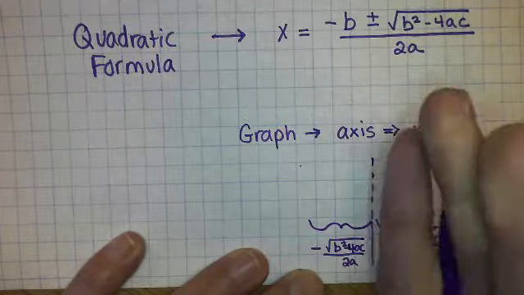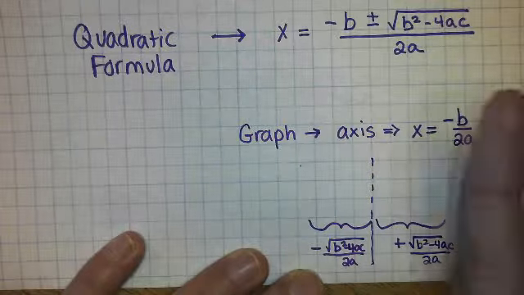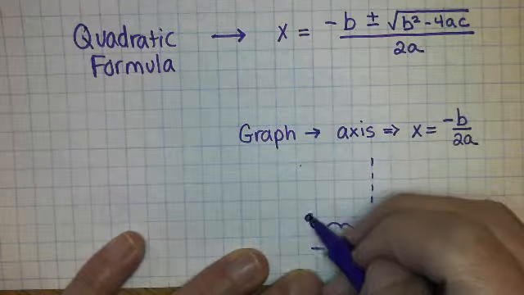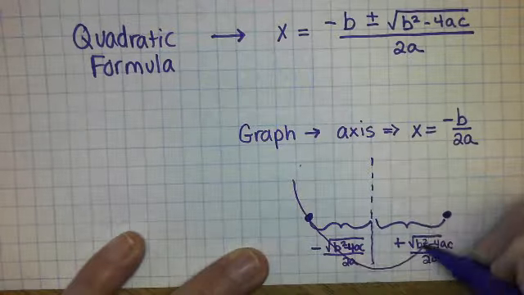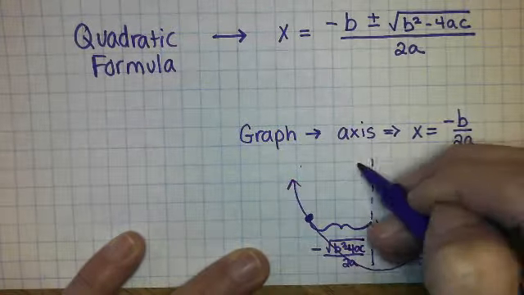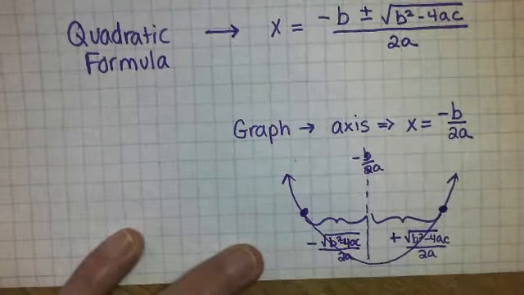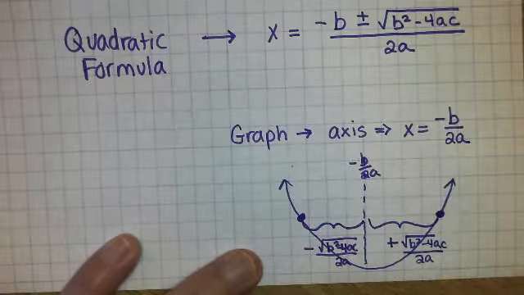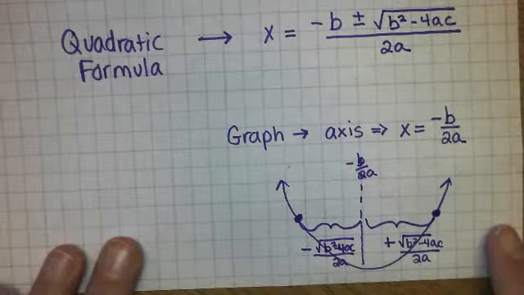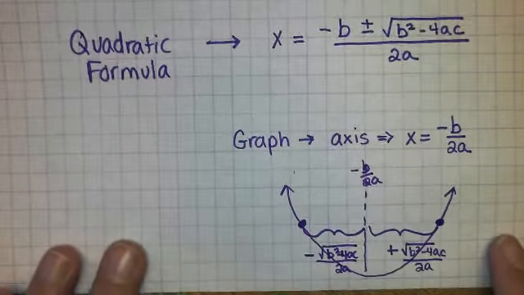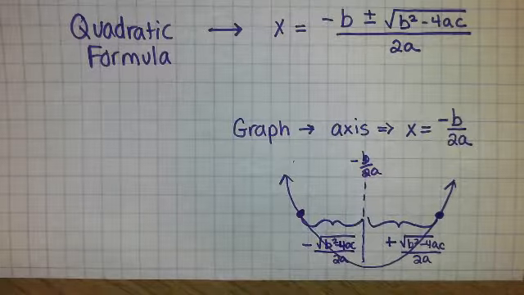This tells you go to the center, the negative b over 2a, and then move this way to the right and this way to the left to get your two roots, your two x-intercepts, and then we can graph our parabola. So the negative b over 2a is the center, and then the plus or minus allows us to move to either side of the parabola. So it's a great connection visually, but it also is a very useful formula for finding the x-intercepts of a quadratic.